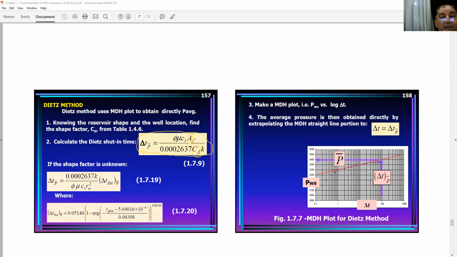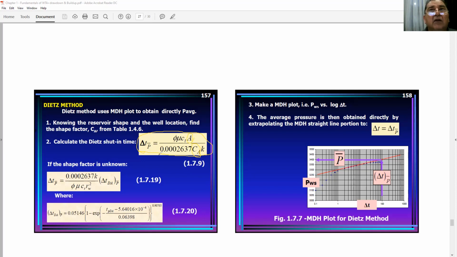So Dietz's method says that you have to know the reservoir configuration. From table 146 you can estimate the shape factor, and then you can calculate delta tp dash.